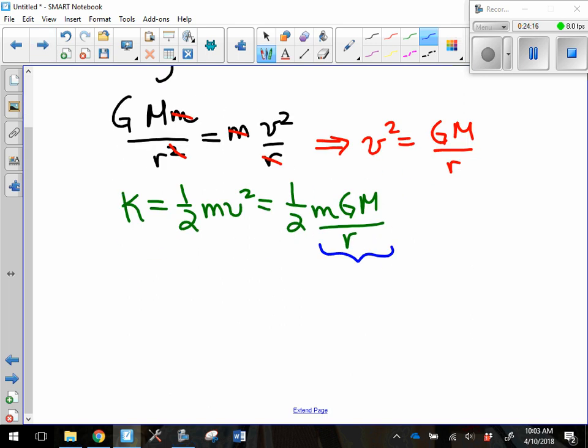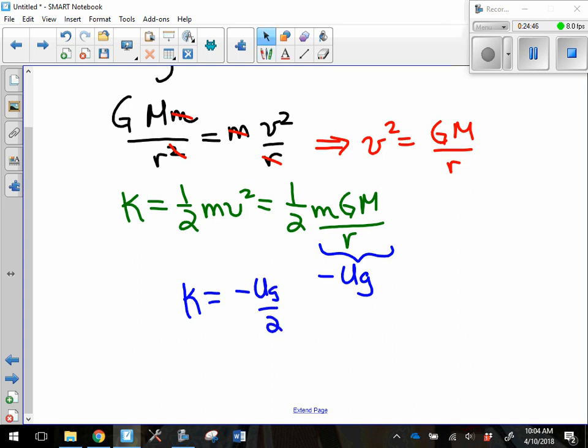With the letters rearranged a little bit. Not the force due to gravity, because it's not r squared, it's just r. No, it's actually negative U_G, which tells me that the kinetic energy can be written as negative U_G over 2 for a circular orbit.